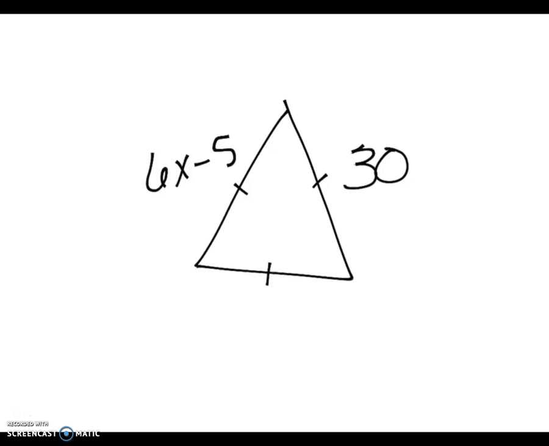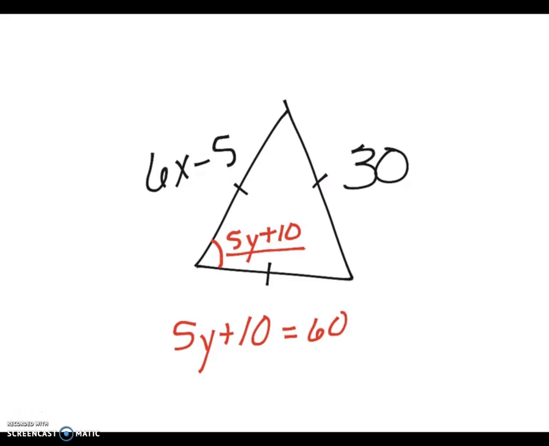Or they might tell you it's equilateral, and then they might give you this angle here is 5y plus 10, and they might want you to solve for y. And don't be fooled, you have to remember, if it's equilateral, that means that this angle equals 60. So you would have to come down here and say 5y plus 10 equals 60 and solve for y. So don't be fooled by thinking that they didn't give you enough information.